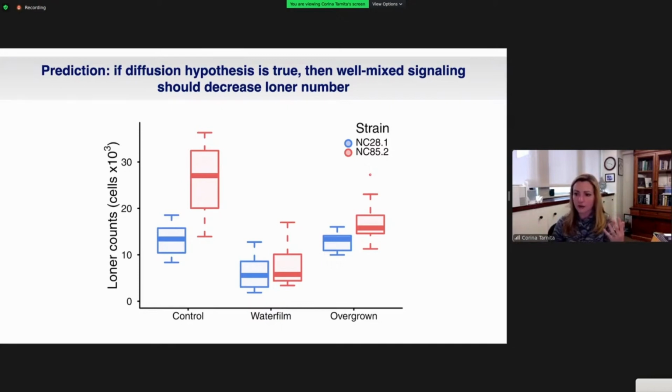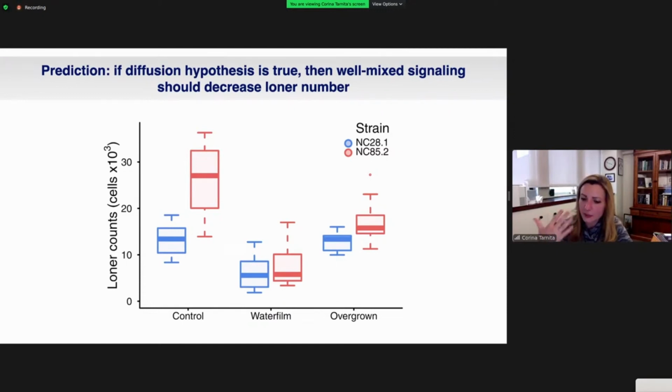The other is another cool experiment that he did, where the conditions are actually quite different. Now we're trying to starve them in a flask where we make the signaling as well mixed as possible, so a different kind of initial condition. Instead of growing them exponentially in that flask, stopping at some point, taking them out, washing them and putting them on the plate to starve, we continue to grow them in that mixing flask until they starve right there all together, and then they have plenty of time to mix all of their molecules for everything to communicate with everything else. The prediction was that this should also decrease the number of loners.